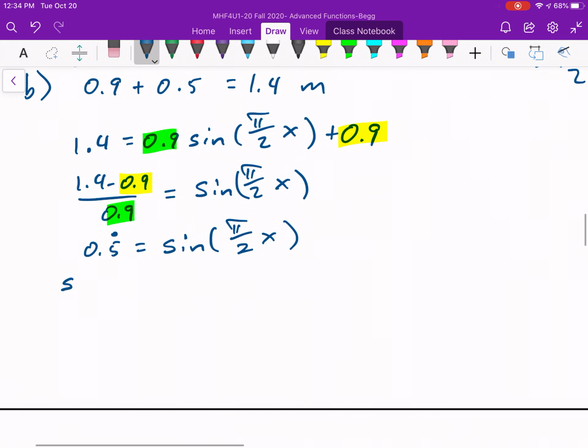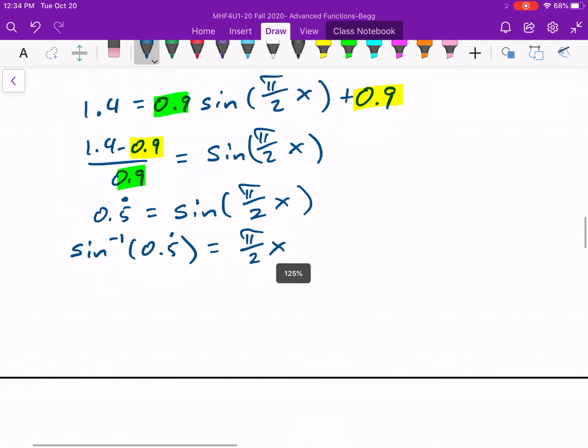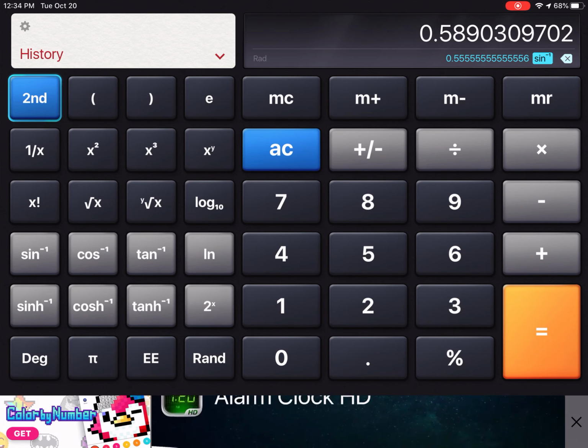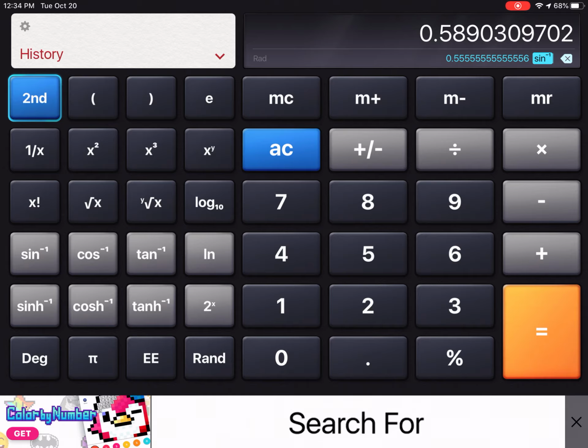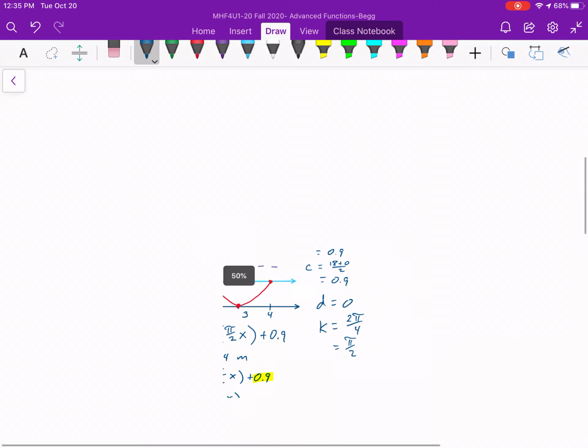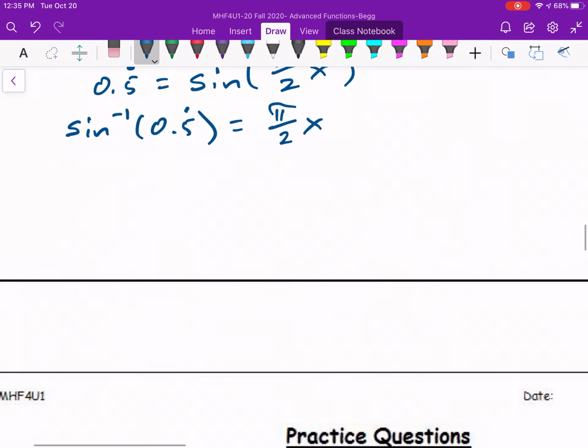So I could do sine inverse 0.5 repeating equals pi over 2 times x. And so the inverse sine is 0.589. That picture disappeared for a second. There it is. 0.589 equals pi over 2x.